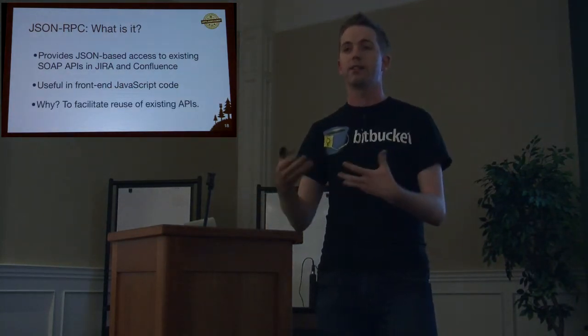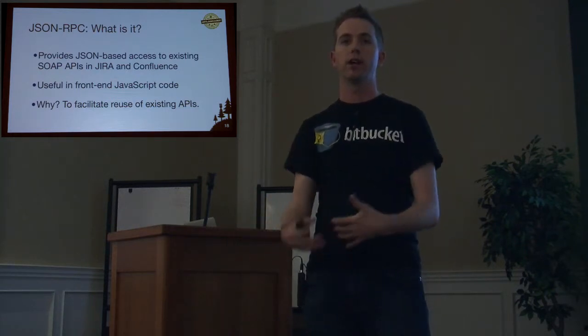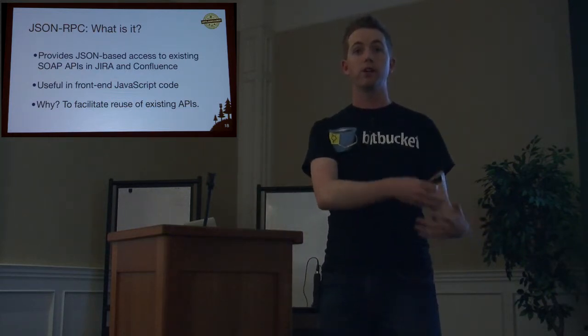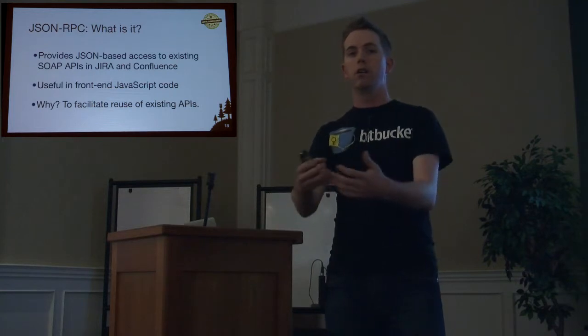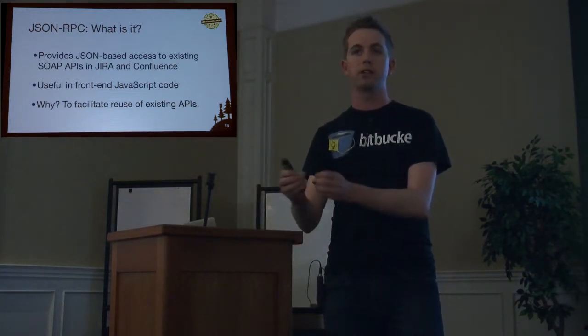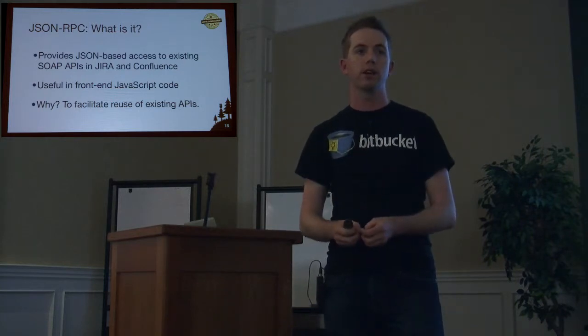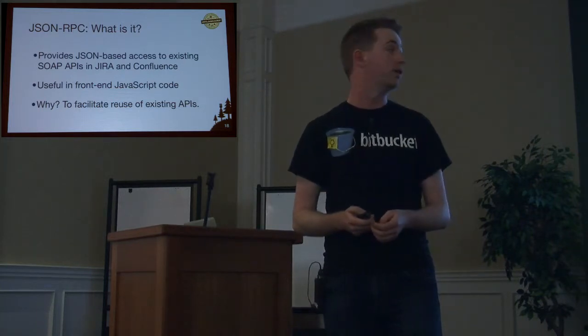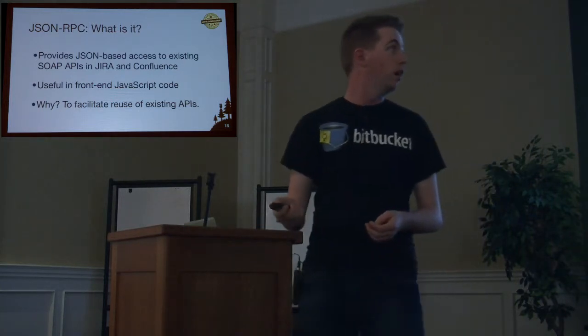So that allows us to reuse this existing code. As I said, there's a lot of effort that goes into building a new REST API. If we can reuse those legacy SOAP and XML RPC APIs for the next few years from client-side code, that's something we want to promote. So that's why we built it.